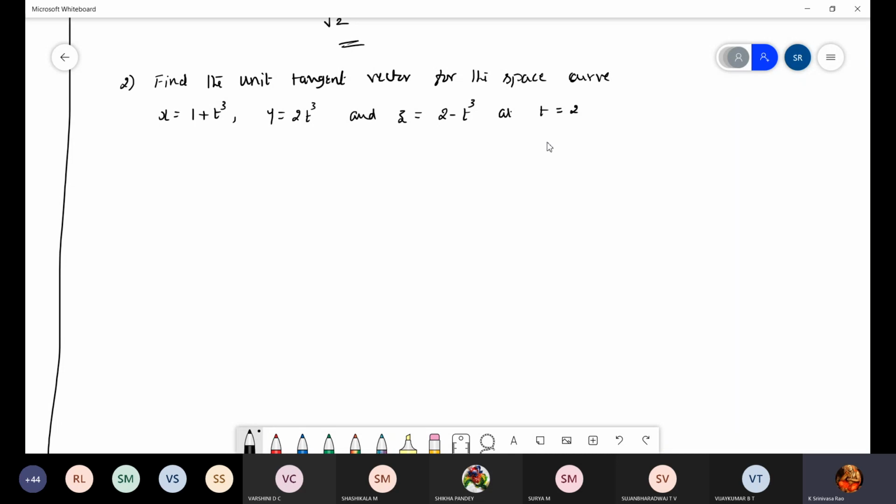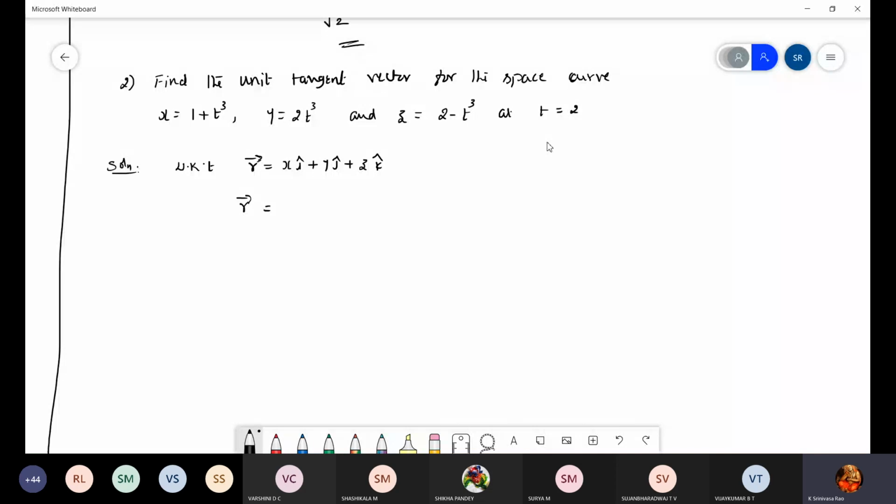So first take down the solution. We know that r equals xi plus yj plus zk. This is the basic definition of r, the position vector. Whatever x, y, z are given, you substitute, so r is converted in terms of t.